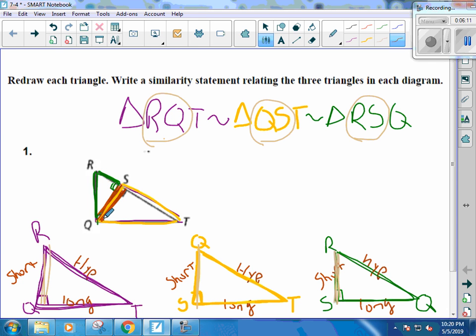The long leg, S to Q, right here, of the smallest triangle, is going to be the short leg of the middle triangle.